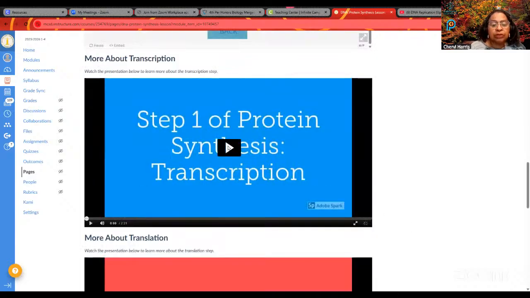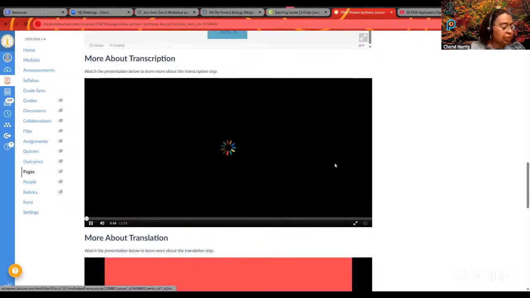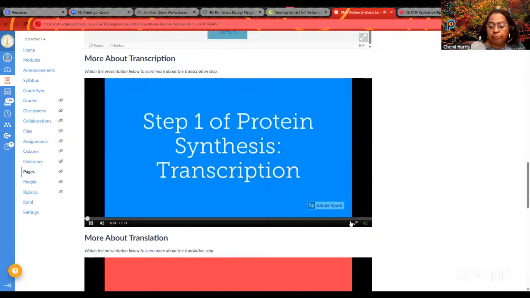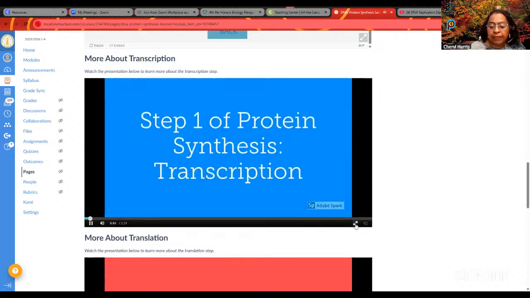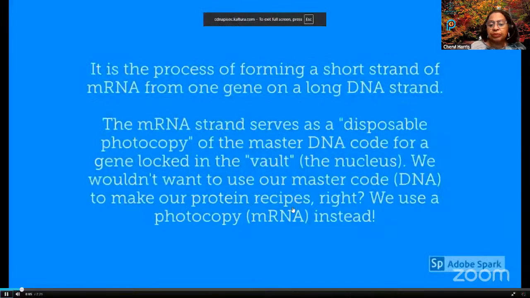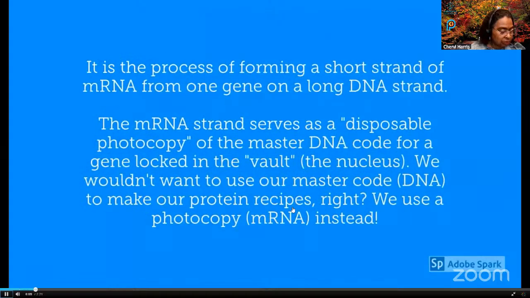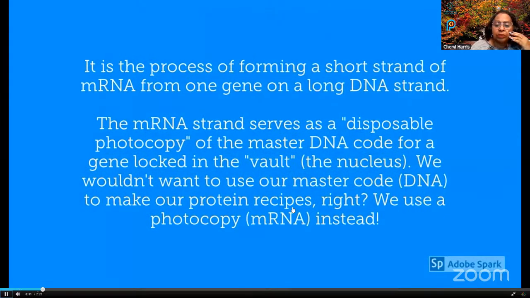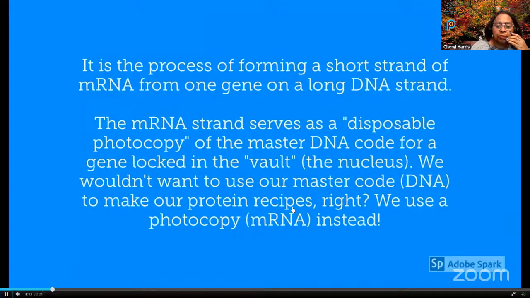All right, so let's look at this one, and it's kind of just repeating a little bit of what they did. Step 1 of protein synthesis, transcription. It is the process of forming a short strand of mRNA from one gene on a long DNA strand.